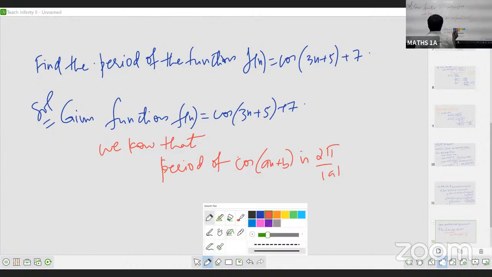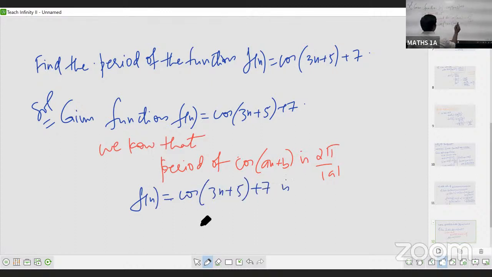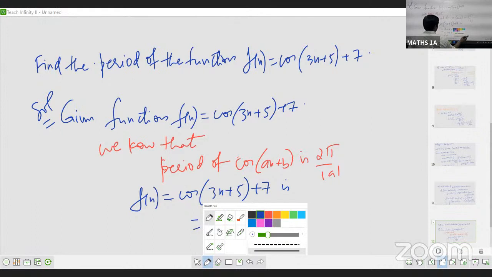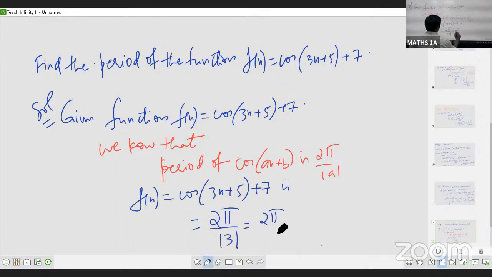So in this case, f of x is cos of 3x plus 5 plus 7, and the period is 2 pi by mod 3. That is 2 pi by 3. The period depends only on the x coefficient. It does not depend on the constants. Is it clear?